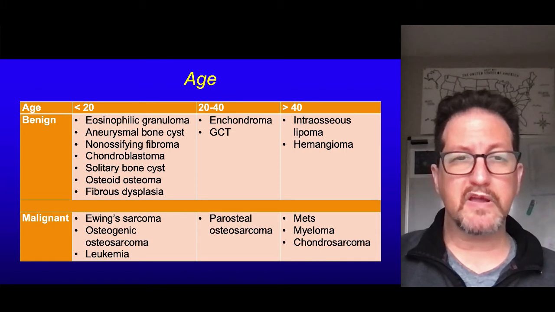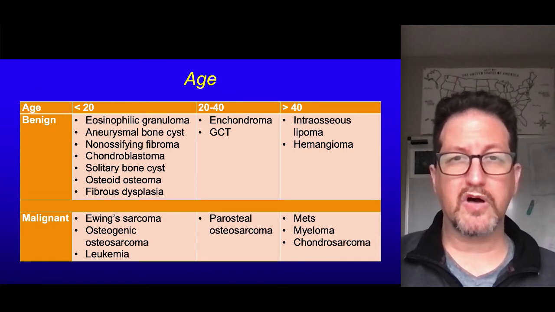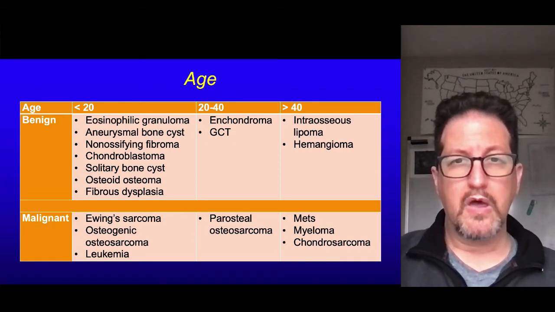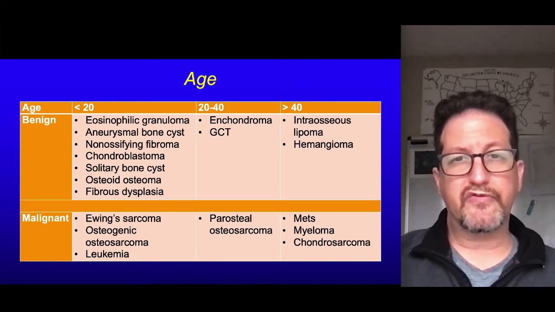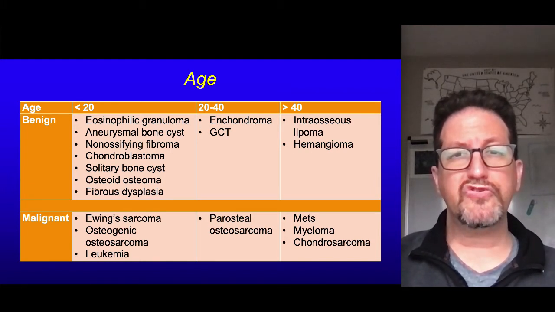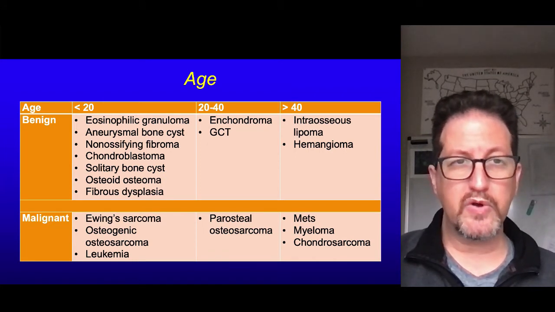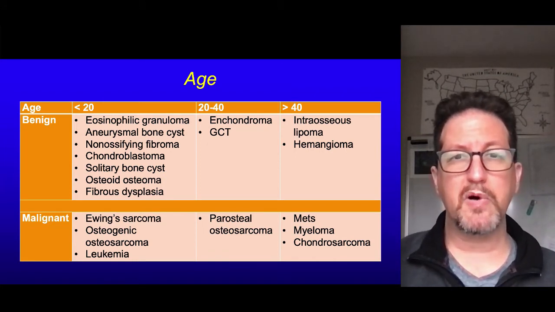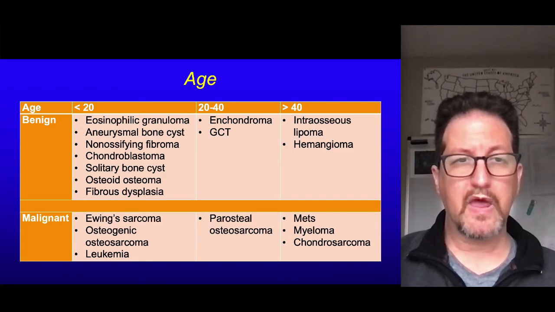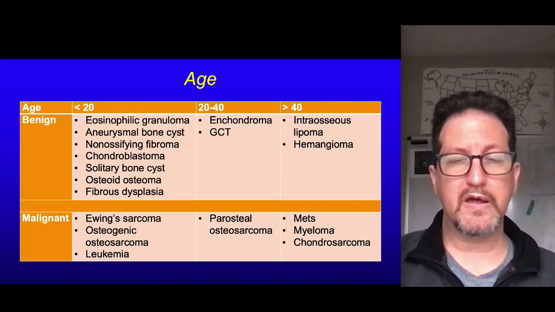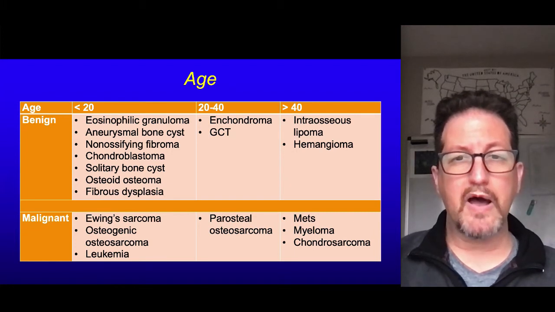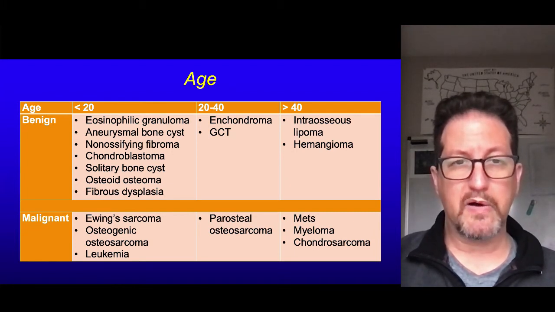And with the malignant, you have one, parosteal osteosarcoma. If you look at the greater than 40, you can see that they're really a small number. Again, there's only two in the benign, intraosseous lipoma and hemangioma. And then in the malignant, you have metastases, myeloma, and chondrosarcoma.